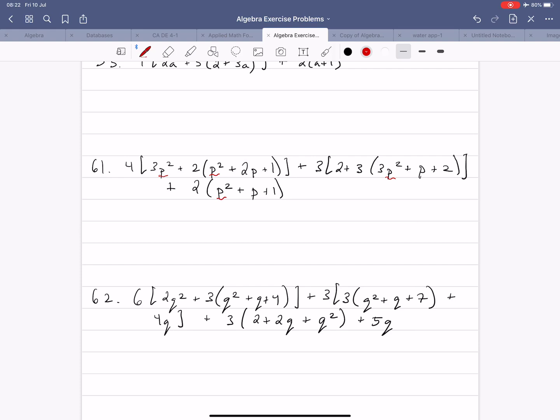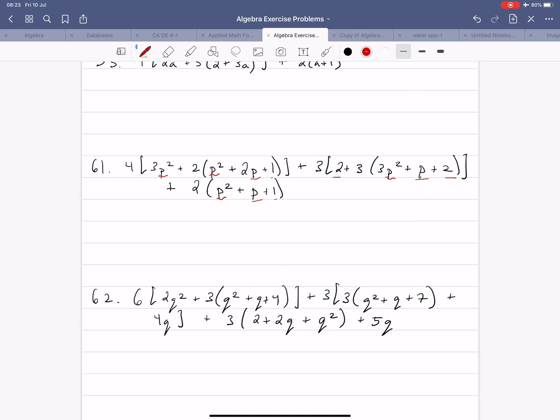And then we've also got a lot of terms with p. And we've got a lot of terms that are just integers here. So the terms with p squareds are going to need to get combined together. The terms with p are going to get combined together. And then the integers are also going to get combined together.